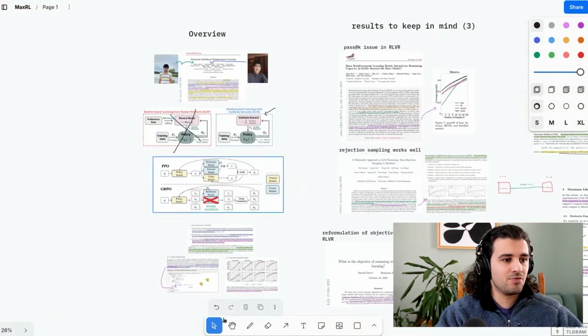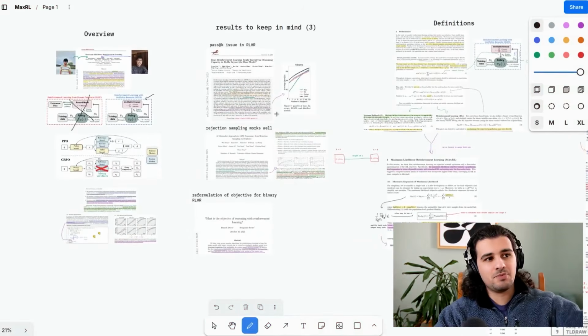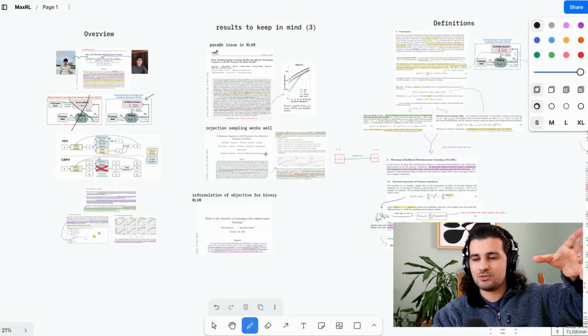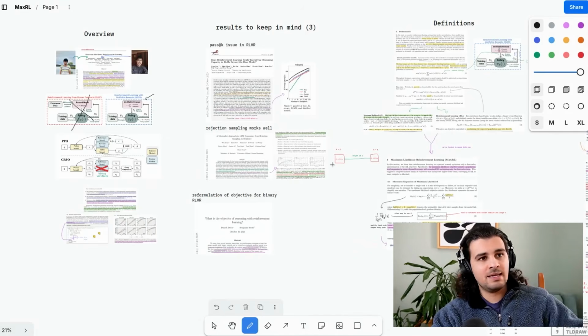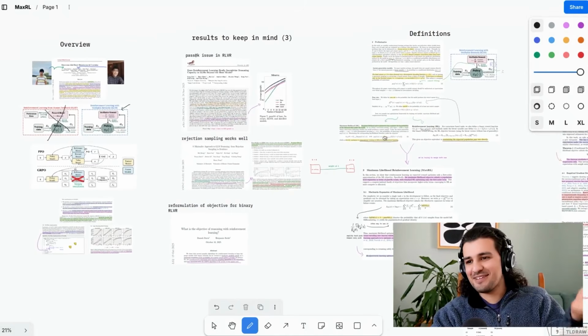Let's see a bit of an overview of the paper, just to give you some idea. I took 3 papers that, in my view, helped me put this into context, the actual discovery. It's maybe not the papers that the first author would have chosen, but this is what helped me personally.